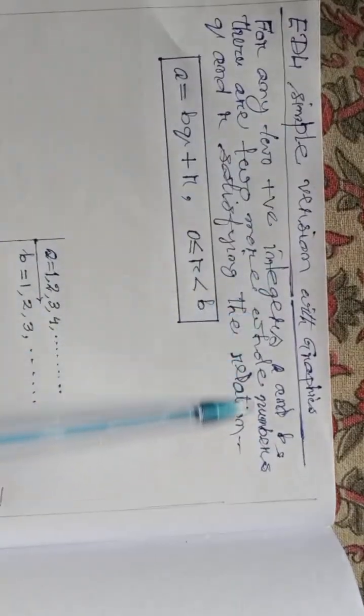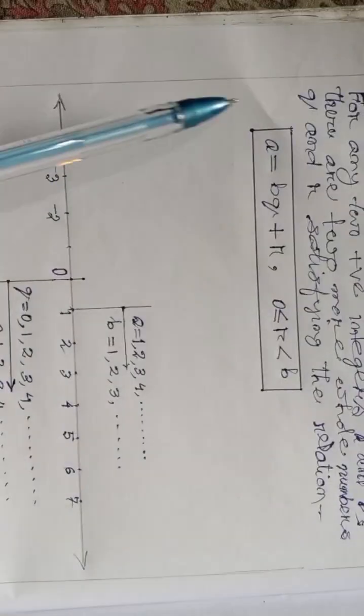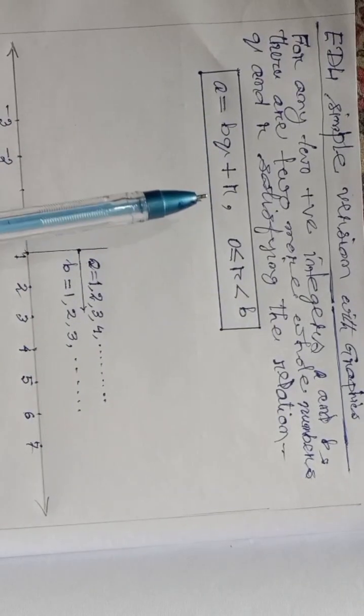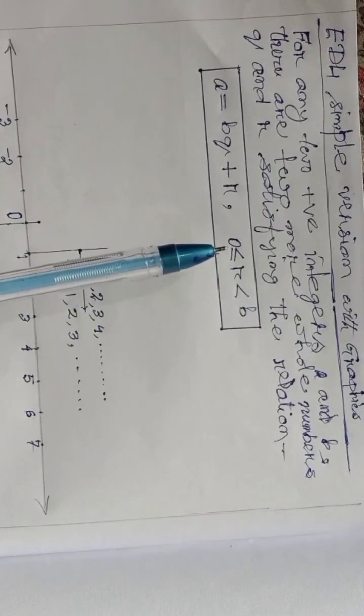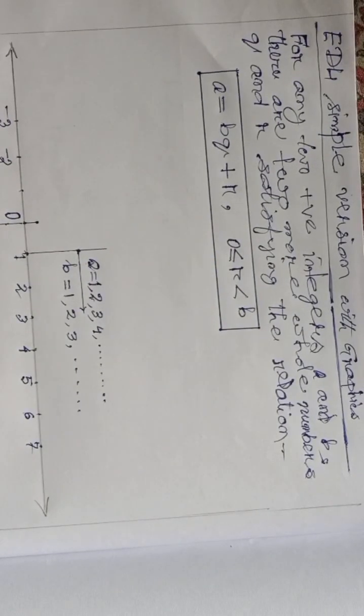For any two positive integers, there are two more whole numbers Q and R satisfying the relation A is equal to BQ plus R, such that R may be equal to 0 or greater than 0 but must be less than B.